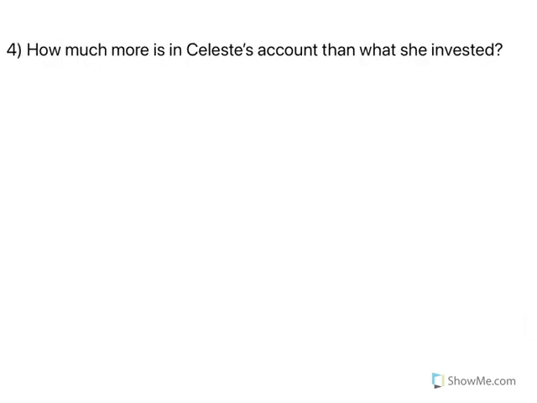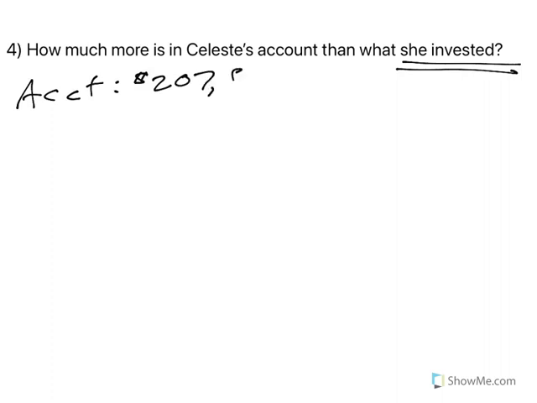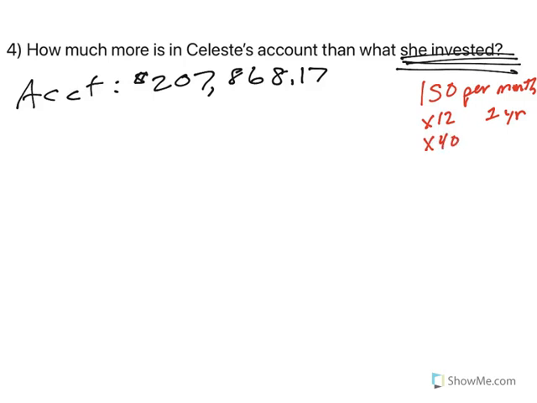How much more is in Celeste's account than what she invested? Okay, so the account total, again, is $207,868.17. Well, how much did she invest? Let's remember, she was investing $150 per month times 12 months in 1 year times 40 years in the investment.